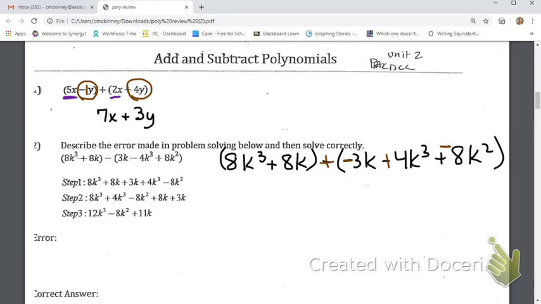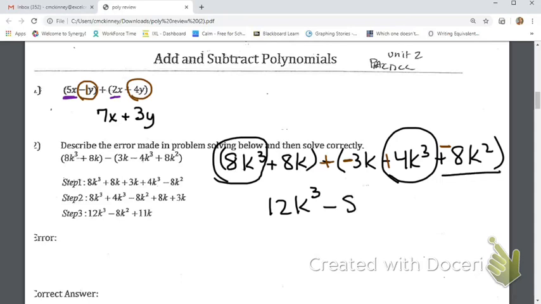So then I've got, these two are both cubes, so 8 and 4 makes 12k cubed. Then I'd have my negative 8k squared. Then I've got the 8k and the negative 3k. And then that's everybody.